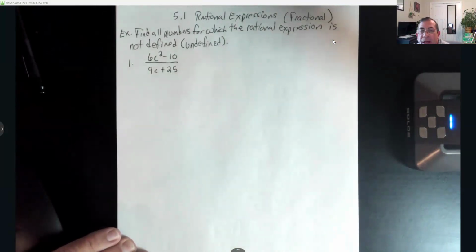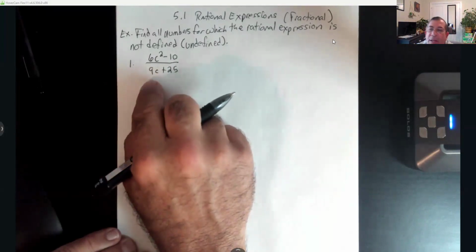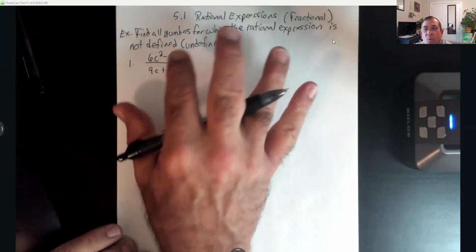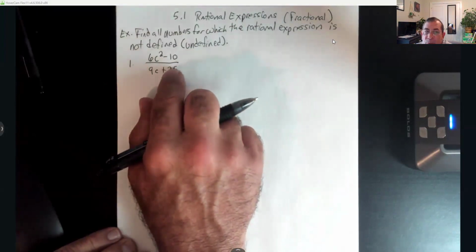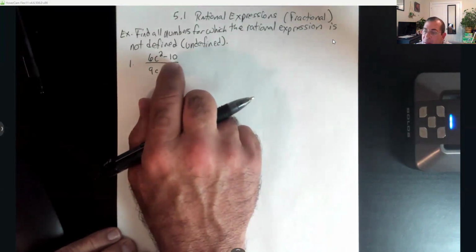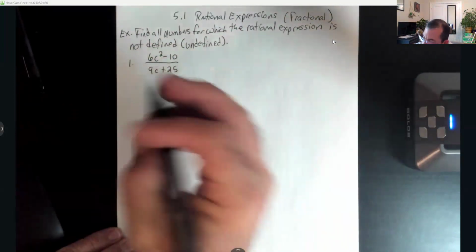Remember, when we found the domains, we had to kick out all numbers that made the fraction undefined. Boom. So in 5.1, they just want to know what the numbers are. They don't want me to find the domain. They just want me to find any numbers that'll make that not defined. But we're going to do it just like we did with the domain, right?